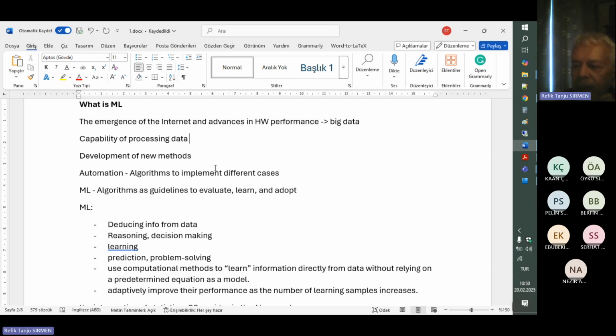Data is the fuel of artificial intelligence, especially machine learning, right? So what are the rights? Do they have the right to process my data? What kind of data are we talking about?